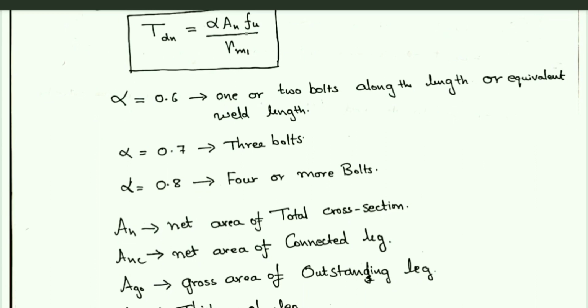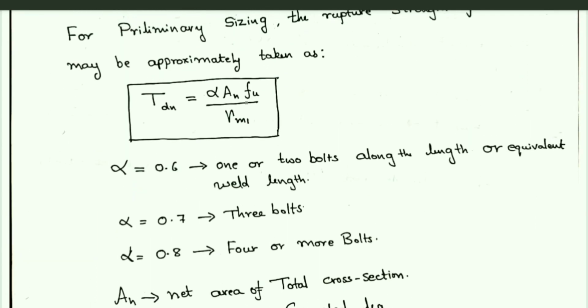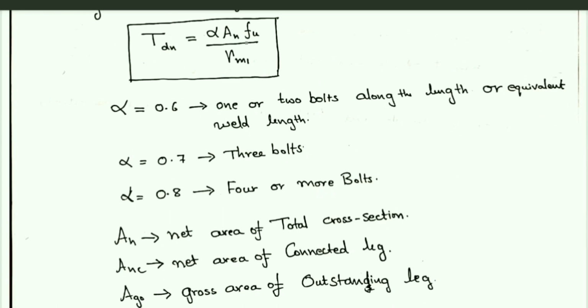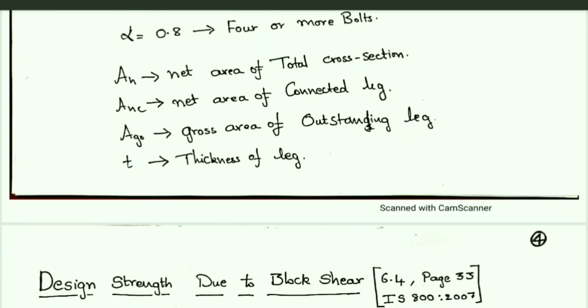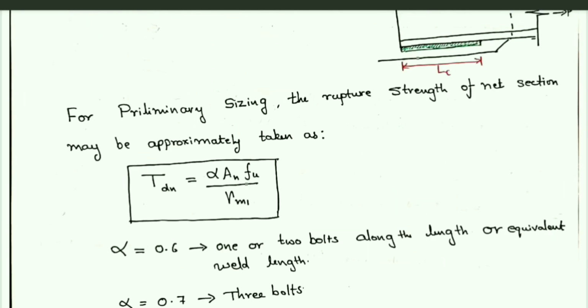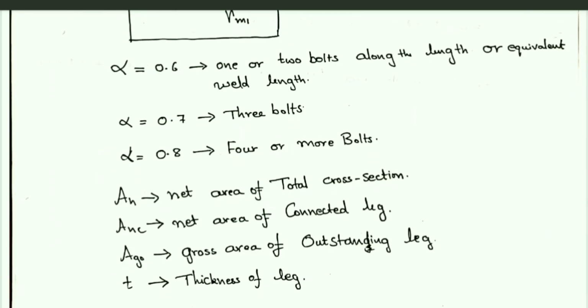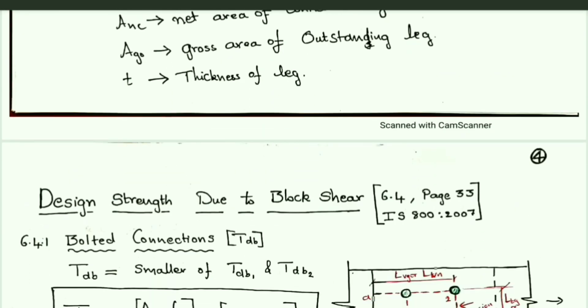And An is the net area of the total section. Anc, Ago and t, anyhow I have explained. Here for the preliminary section you will know the load. That load will be taken as TDN, and by using this you can find out the section to be used.